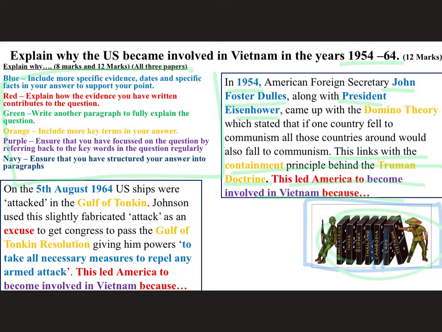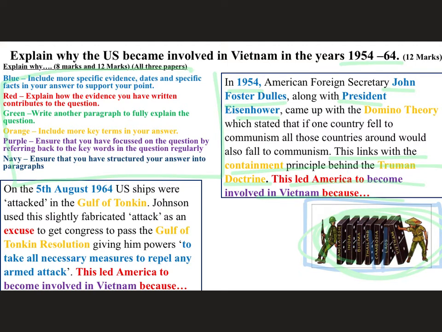So this led to America becoming involved because it elevated the importance of Vietnam to a much more significant situation, in that America couldn't let anywhere fall to communism because the impacts would be massive and there'd be repercussions across the areas, okay? So this meant America got involved in Vietnam, not just to save Vietnam from communism, but to save the surrounding area. And this made the situation in Vietnam starker, more important, more significant. Those were the kinds of things that I would say.